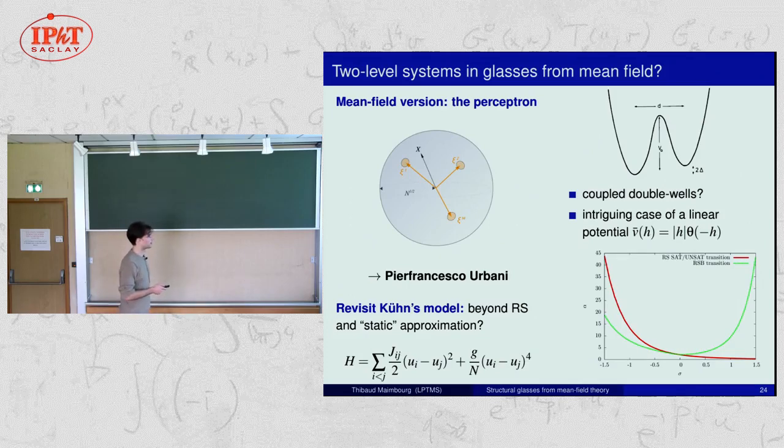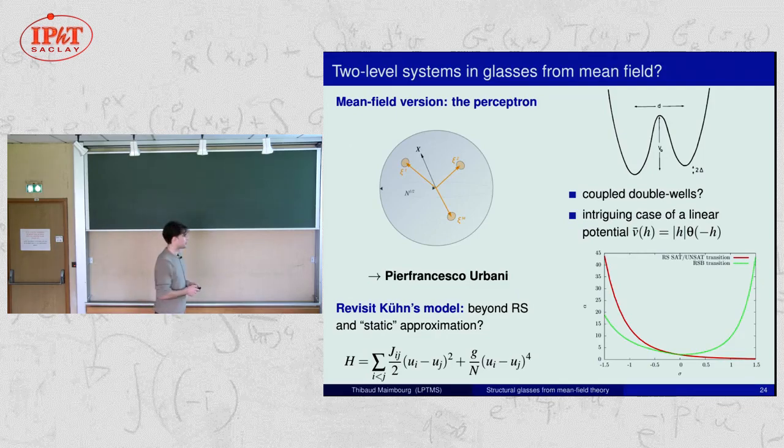There are many things that could be done, but a nice idea would be to use the same kind of model as before and couple particles with a double well, as is done in the two-level system picture, and see what comes out in the dynamics or in the quantum regime. There have been other proposals also recently, but I won't enter into details. There are many things that can be done in this kind of system.